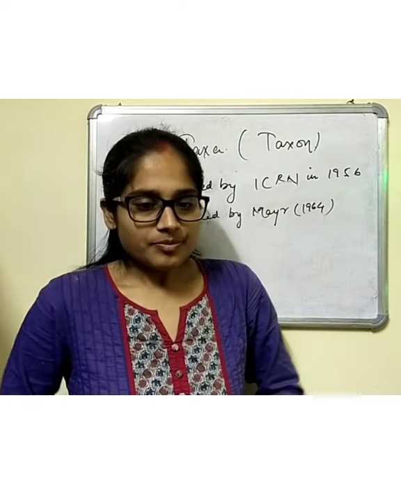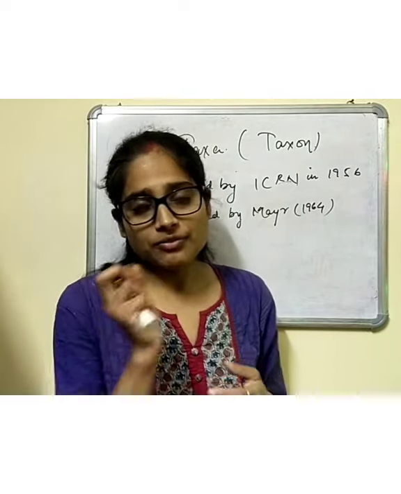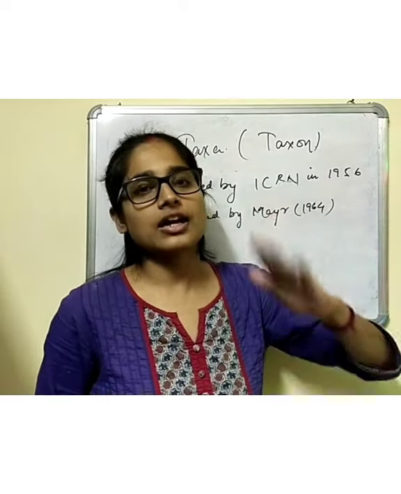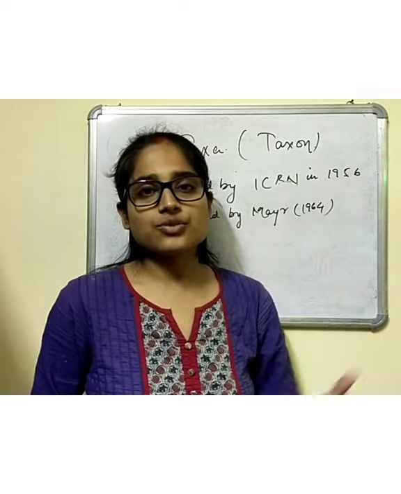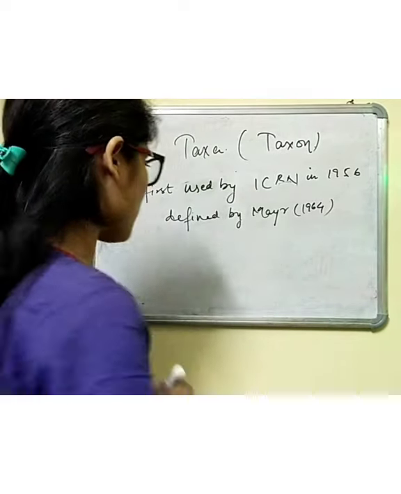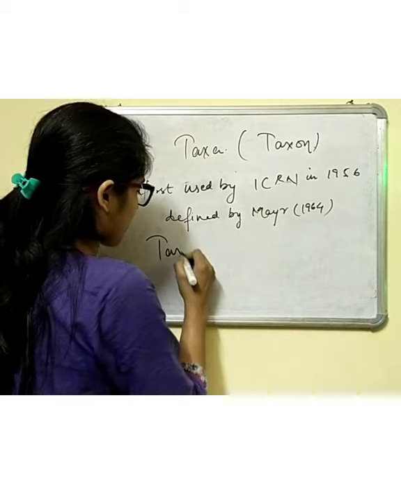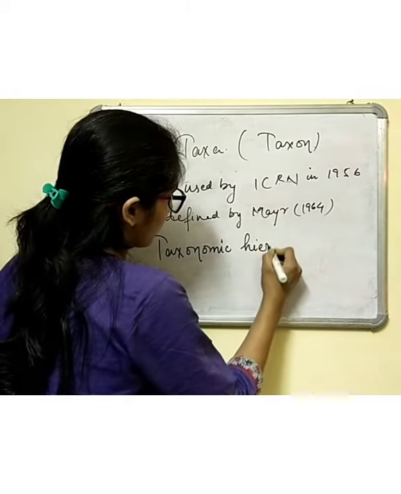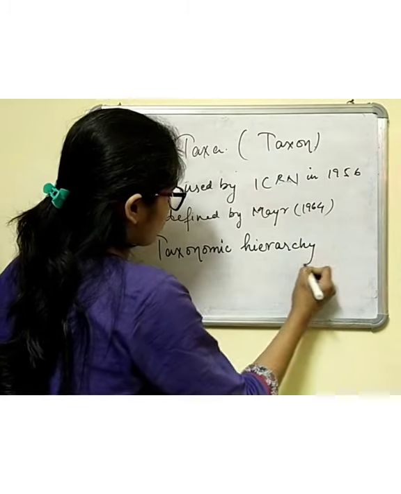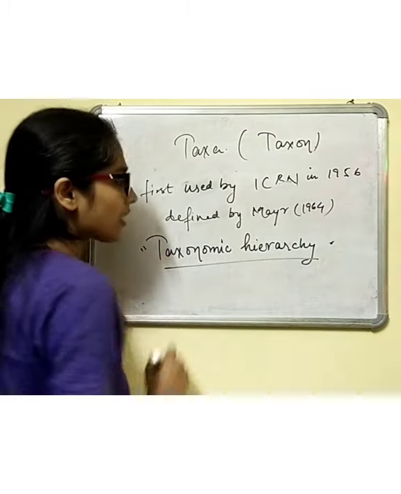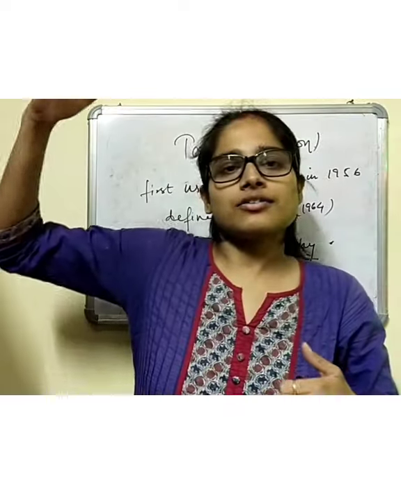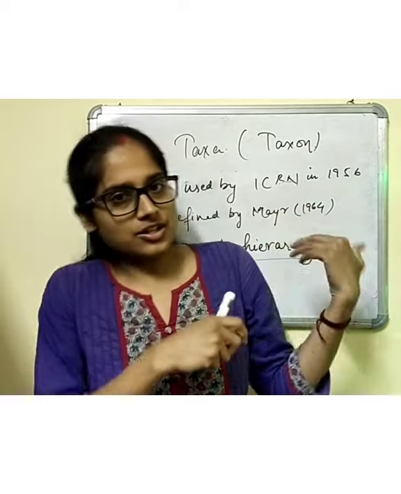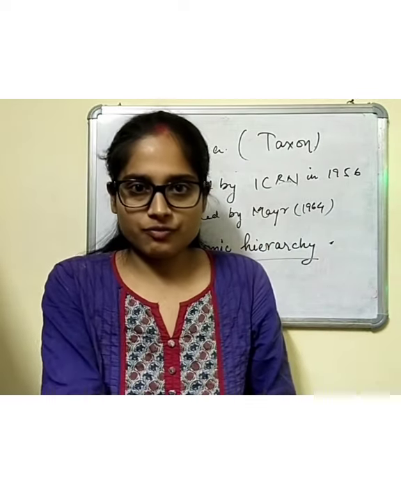Now, in the definition we used the term any hierarchy or any rank. So next, what is taxonomic hierarchy? Hierarchy is basically a rank-wise arrangement. Taxa we've already defined just a few minutes back.